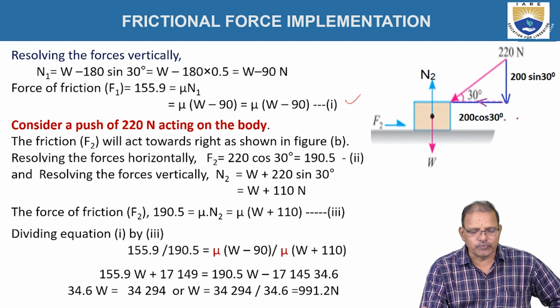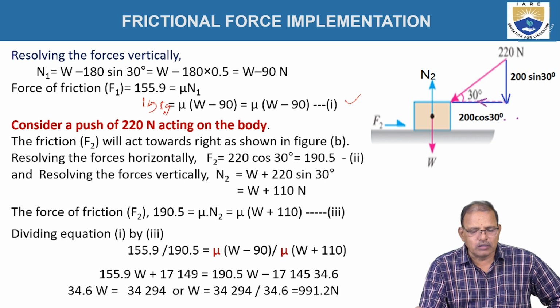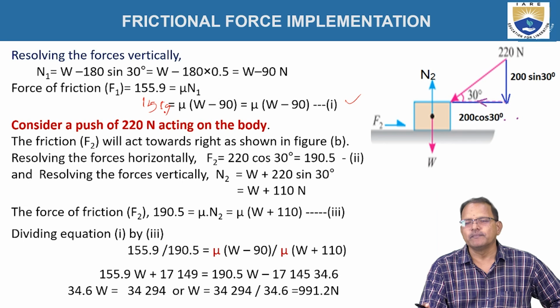Similarly, when the push force of 220 newtons is acting on it, as shown in the figure, because of this force the body tends to move toward the left hand side.